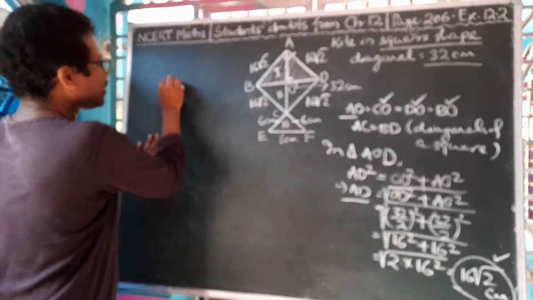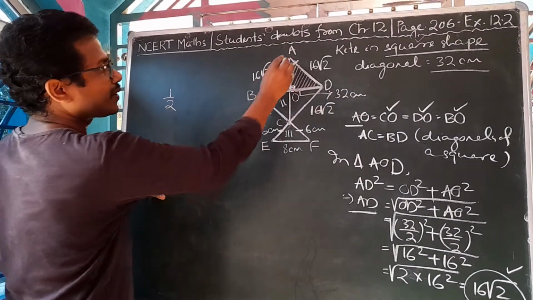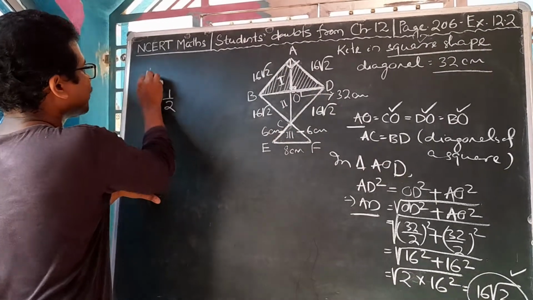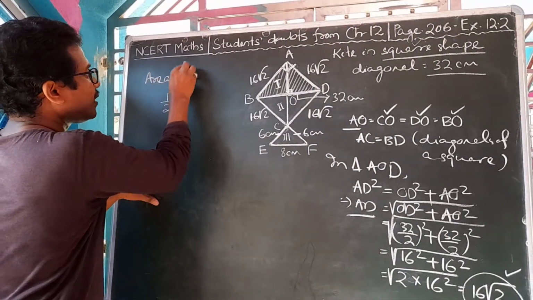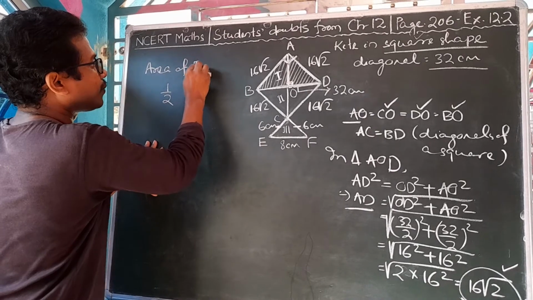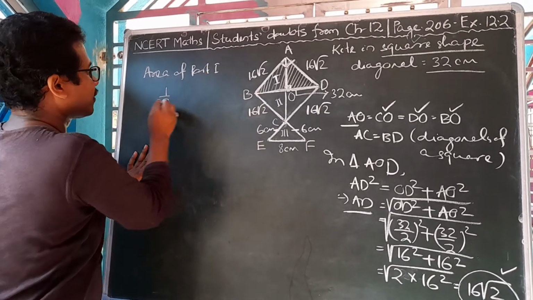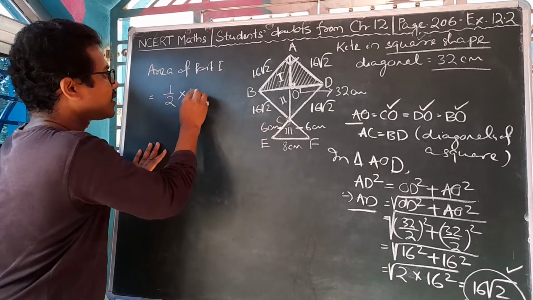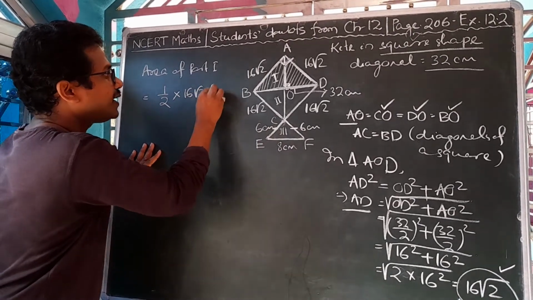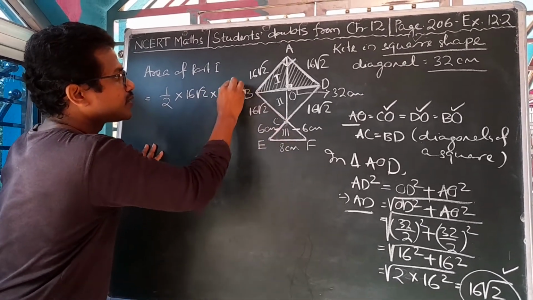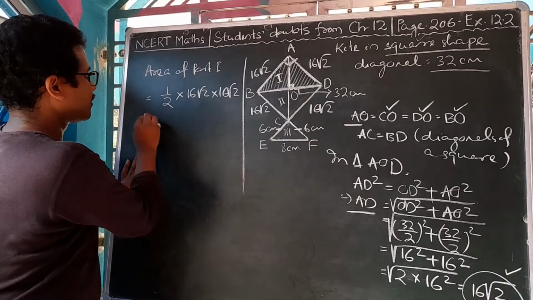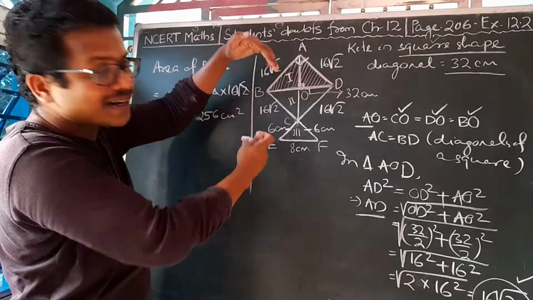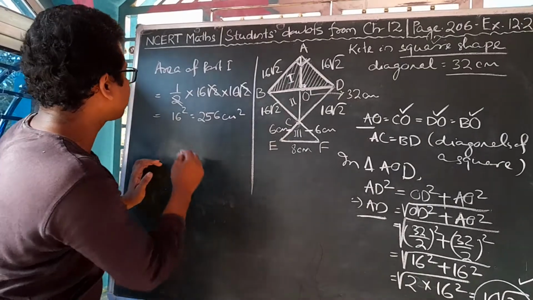So apply the area of ABD, meaning part 1. I am writing here area of part 1 is equal to half into base 16 root 2, height is also 16 root 2. Okay, so that is root 2 into root 2 equals 2.